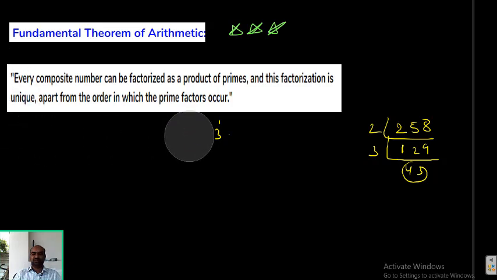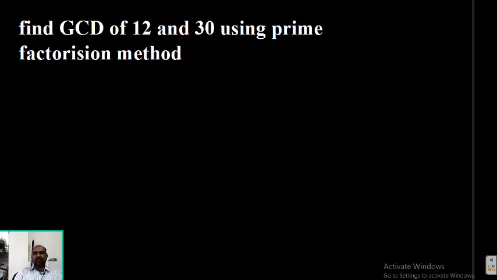Important. Now I will explain the method to find the GCD of given numbers by using the prime factorization method. Step 1, try to write the given numbers in the form of prime factorization. 12 can be written, as just now explained, as 2 square into 3. 2 4 3s are 12.